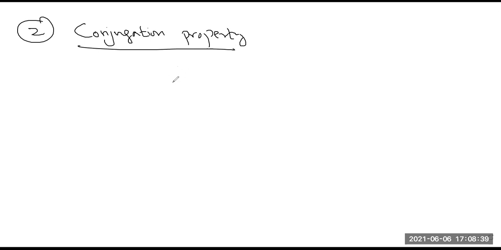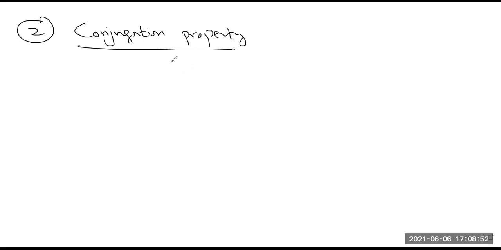Property number 2 is the conjugation property. Let me first introduce this property, and then we will find out how to prove it.